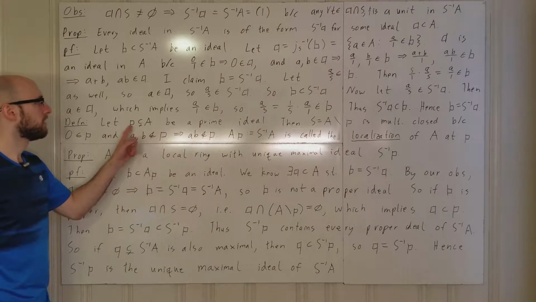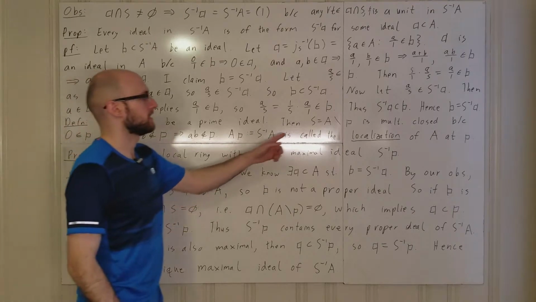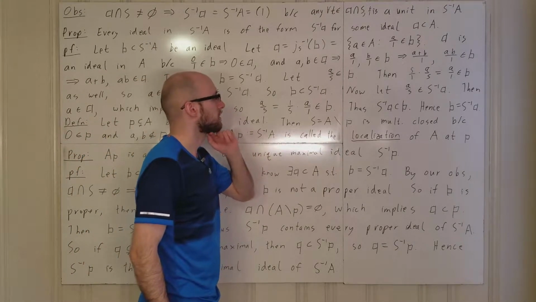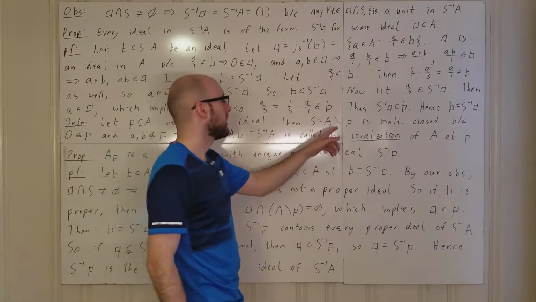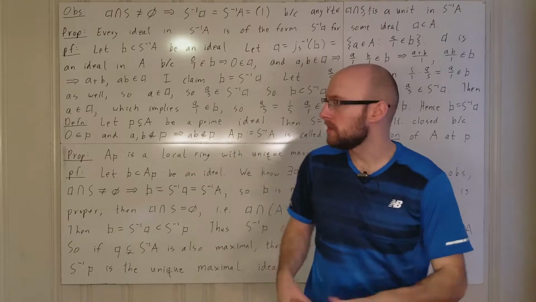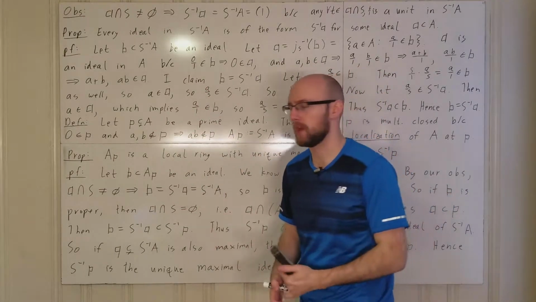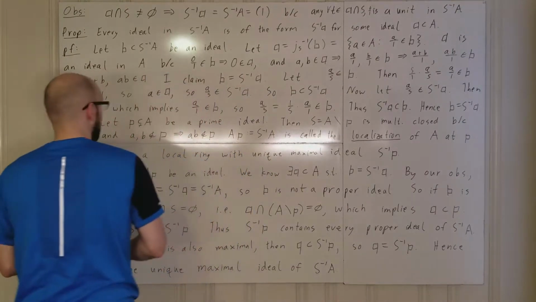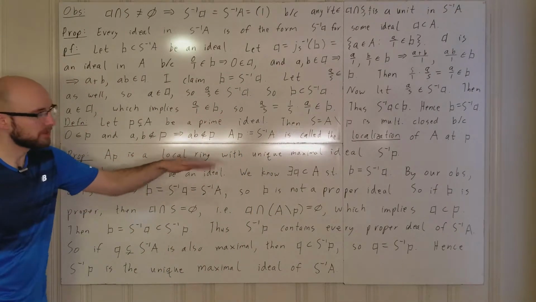If 1 were not in S, then that would mean that P contains 1. But since it's an ideal, that would mean that P is equal to the entire ring A, which is not happening here. Okay, and then the other thing, if a and b are not in P, then this is just the definition of a prime ideal.